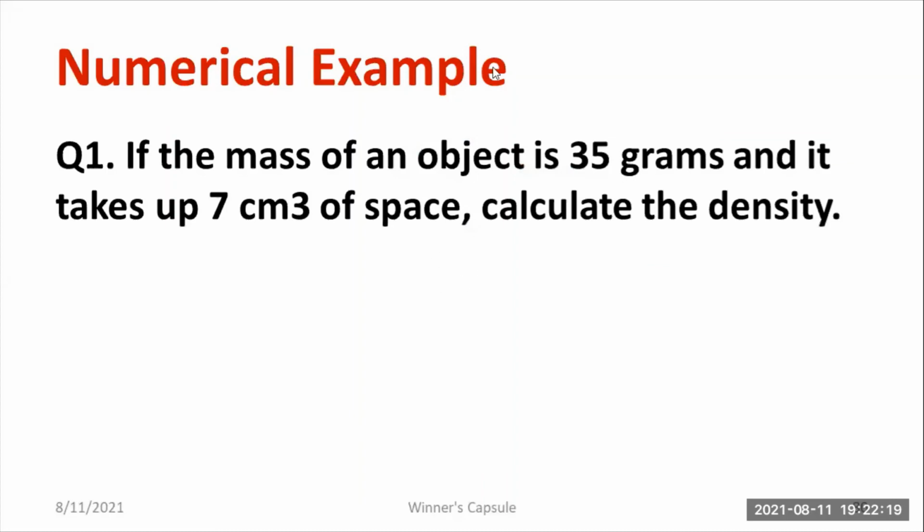Now let us solve a numerical example. If the mass of an object, let me call it M, is equal to 35 grams, and it takes up 7 centimeter cube of space, so V is equal to 7 centimeter cube.